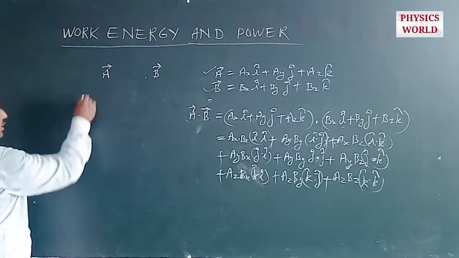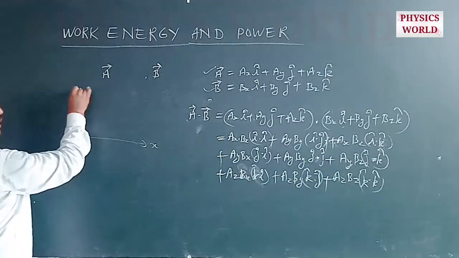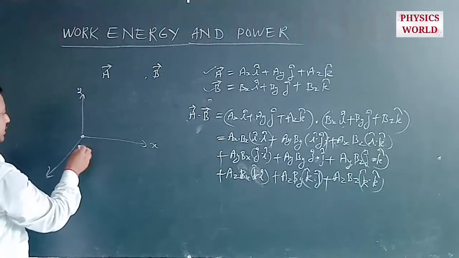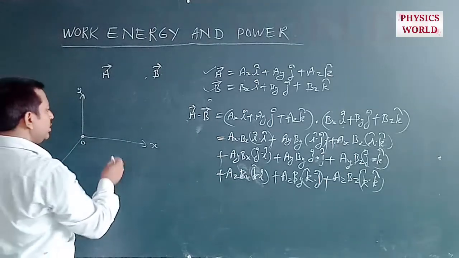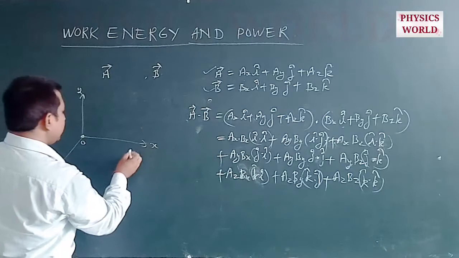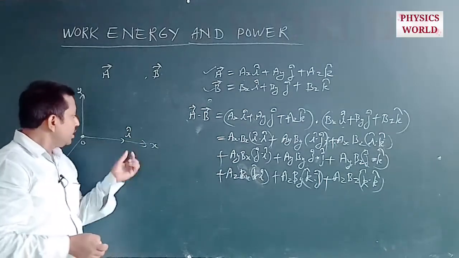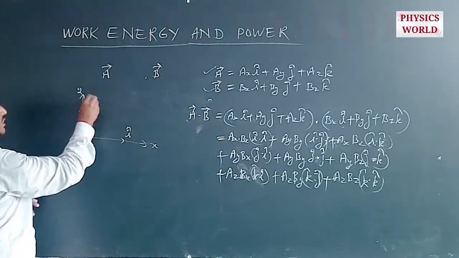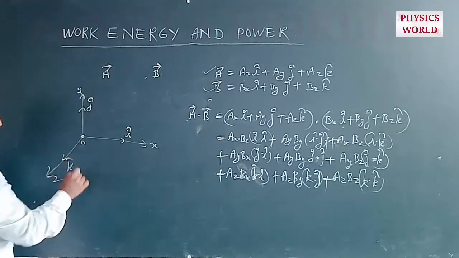Suppose that we have three rectangular components X, Y and Z for any coordinate system. The i cap indicates the direction of the x-axis, j cap indicates the direction of the y-axis, and k cap indicates the direction of the z-axis.